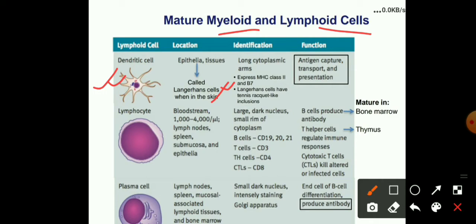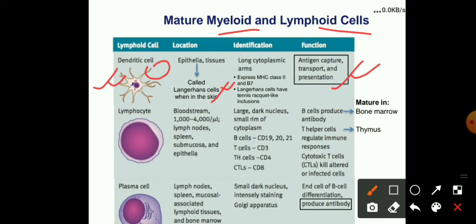This is also one of the immune mechanisms, and we can identify it by its long cytoplasmic arms. It expresses MHC class 2, and the function is antigen capture, transport, and presentation.